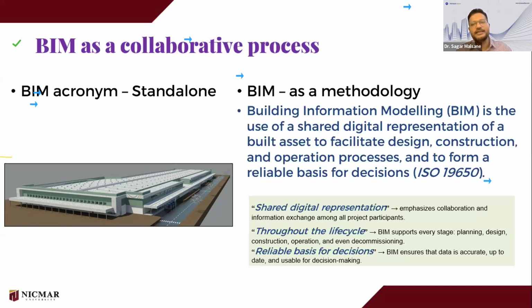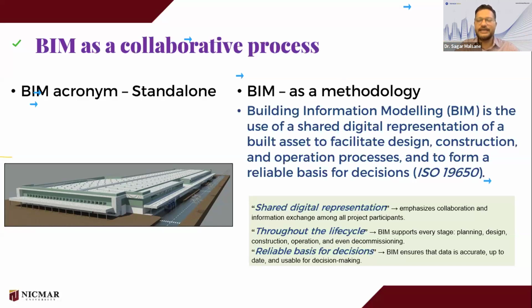It's not only about creation of a 3D digital representation, but it also has to be shared among all the people. And this digital representation has to be about a built asset. And why do we do that? To facilitate design, construction, operation processes. So you can see that it encompasses the whole life cycle of the project.